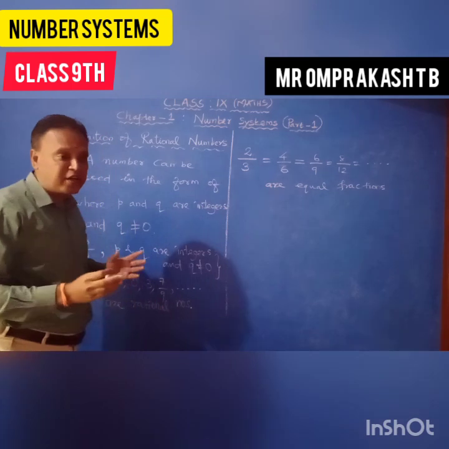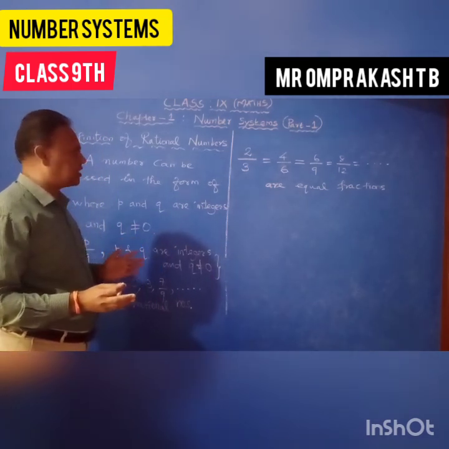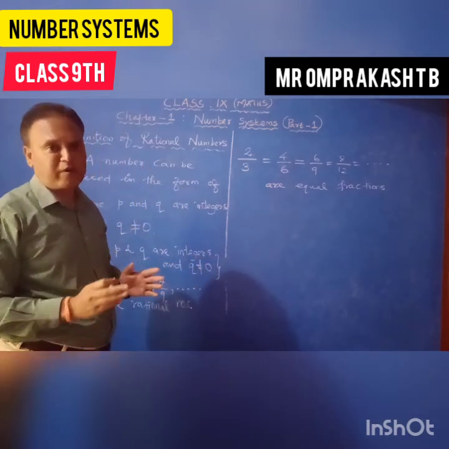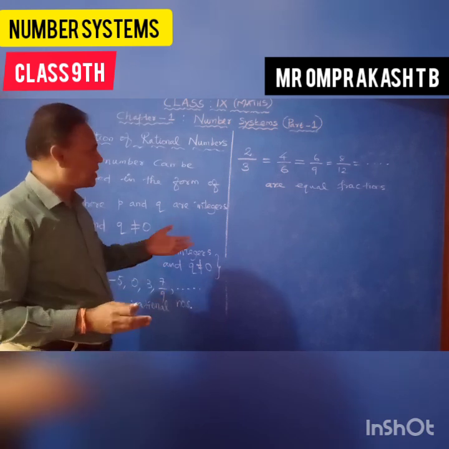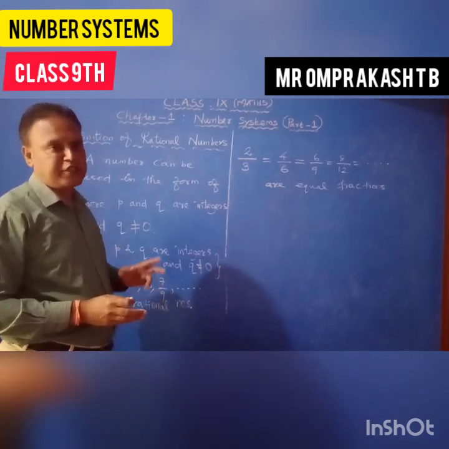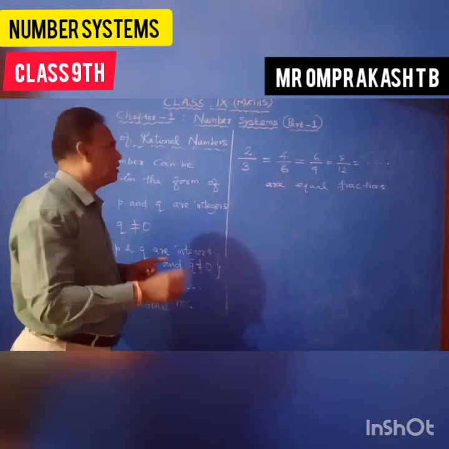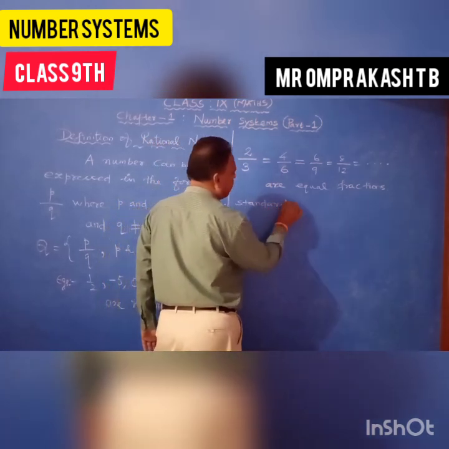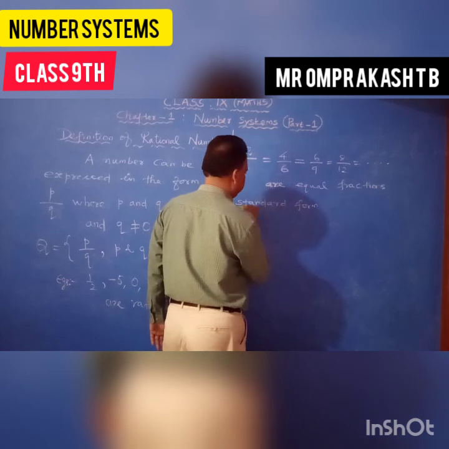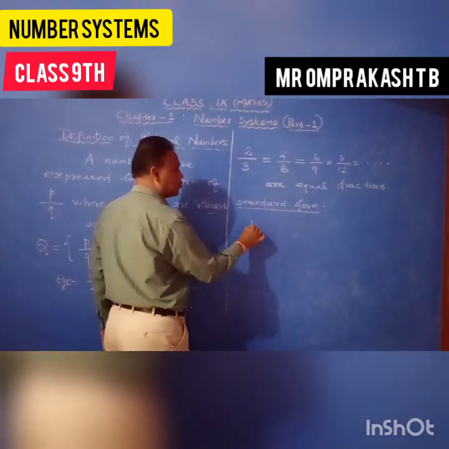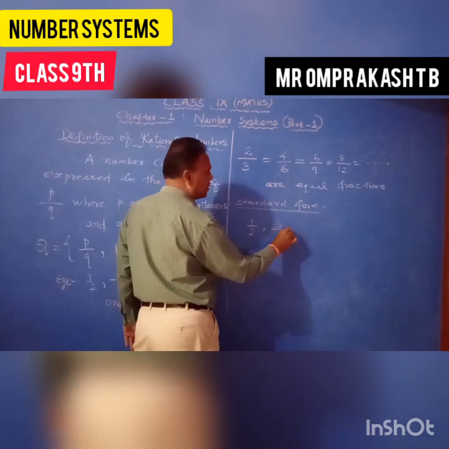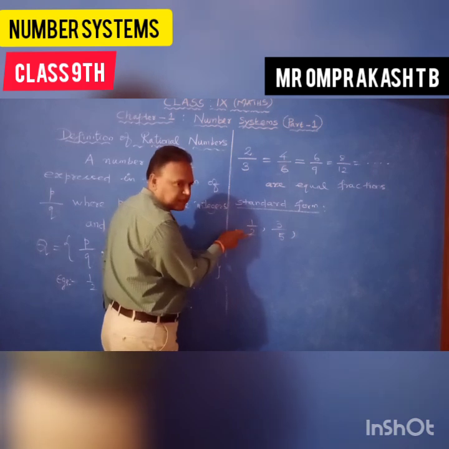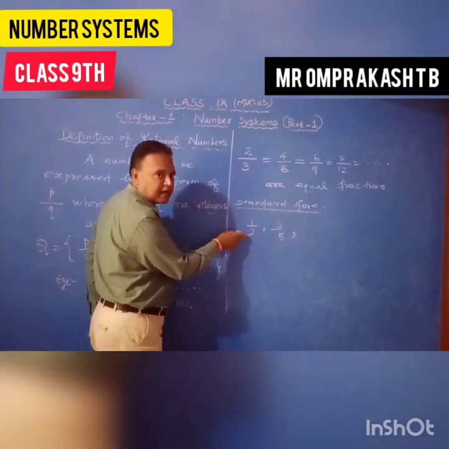Next you learned the standard form of fractions. What is the standard form of a fraction? It means there are no common factors of numerator and denominator. That is, the HCF of numerator and denominator is 1. For example, 1 by 2, 3 by 5. You see the numerator and the denominator have no common factor other than 1.